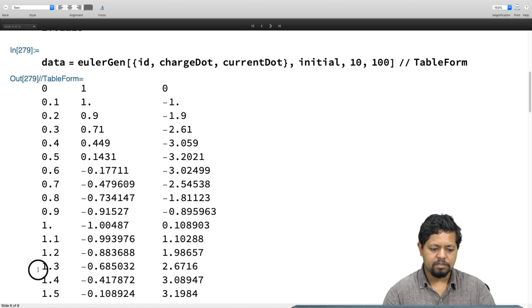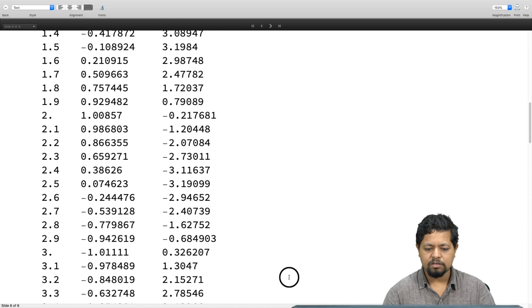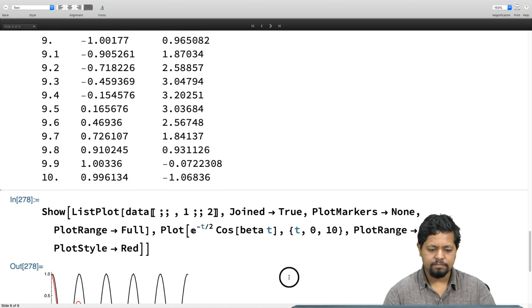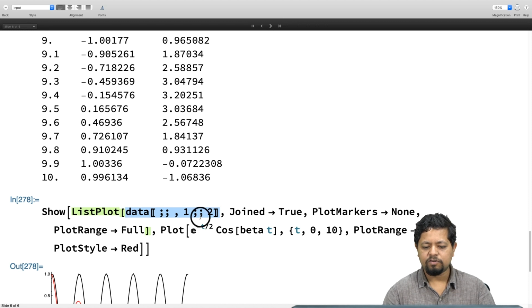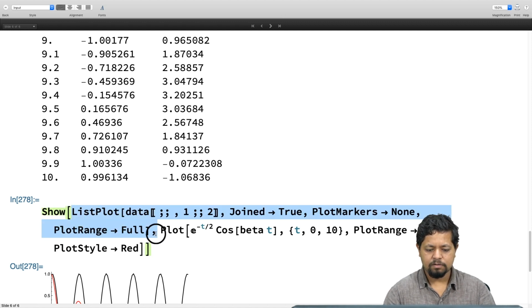The first column is time, the second column is charge, and the third column is current, and I want to take all the rows but only the first and the second column. That gives me q as a function of time, or q versus time data, and I make a list plot of that. This part gives me the list plot of that.